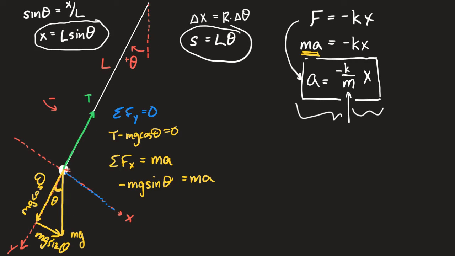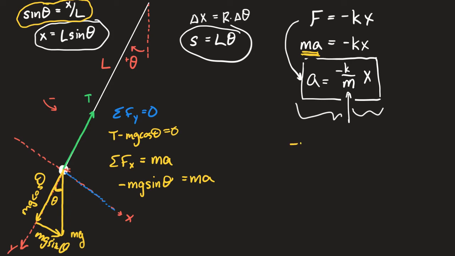Because if you look, I've got some stuff here I can do. I want to get the x in here. So to try and get the x in there, I see a place where I can. So I'm going to do some substitution. I'm going to put one thing in for another. Is that all right with you guys? So x over L is going to go where the sine theta is.